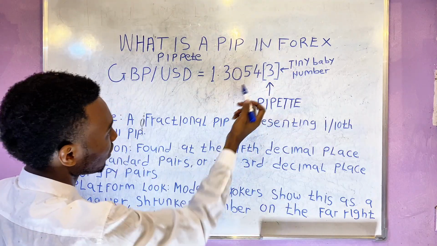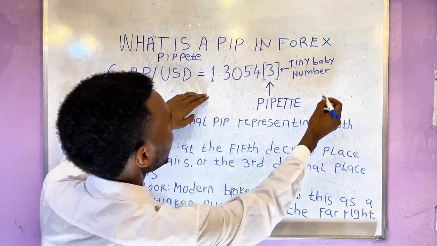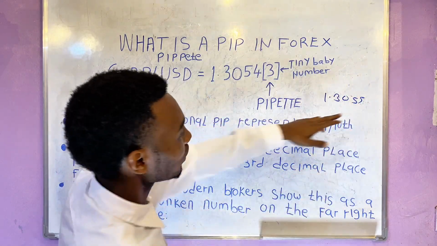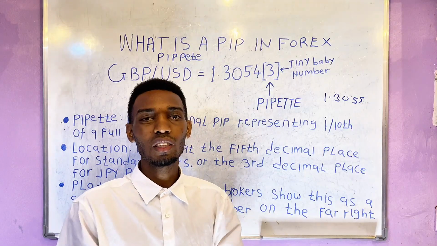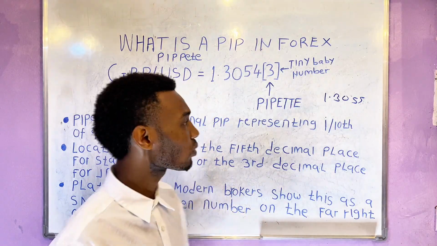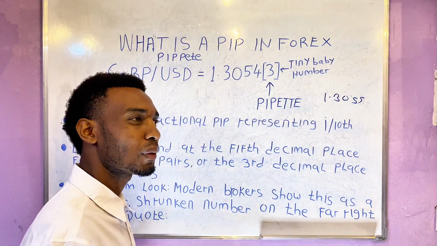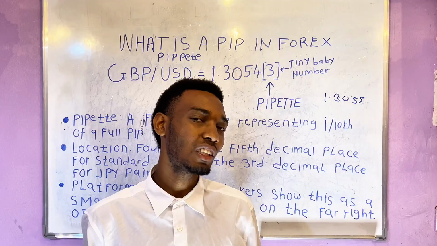For the traders, you might see the price change even by 1, maybe to 1.3055, an exchange of one pipette. That is a very small digit compared to a PIP. Not many traders figure out what it is, but it is for precise pricing.